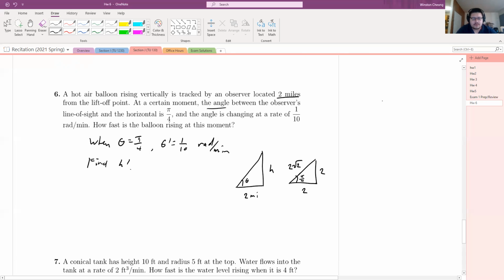At this point, I want to create an equation that's going to hold true for this dynamic picture, this moving picture, some equation that's going to hold true regardless of what point in time I'm looking at the scenario. So who can tell me what equation I should write down?